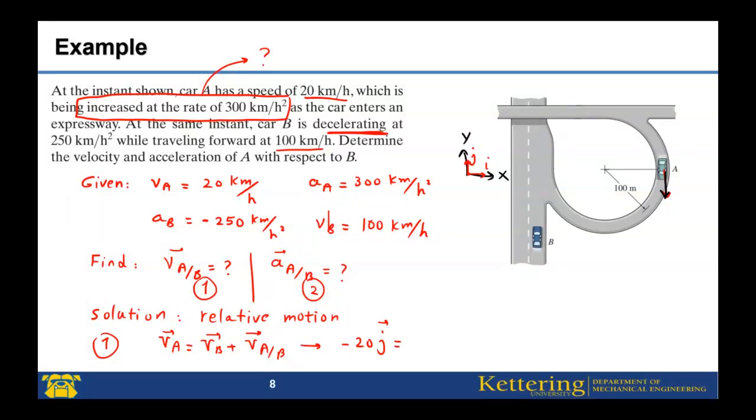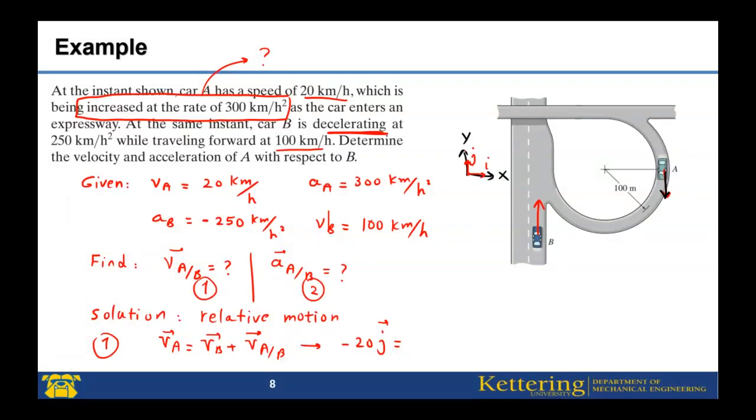What is the velocity of B in vector form? Plus 100. Correct. The velocity of B is going upward in this direction.